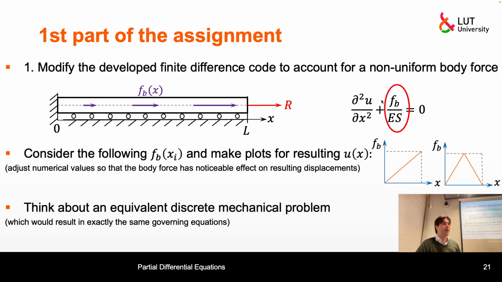There is quite a hint here about how it comes into the equation in this form. So it's basically everything I hope you need, but I will help you if you have problems or questions about how to do that. But what I want you to do after that is to consider that this body force is changing along the bar, so it's not uniform, to make the solution even more interesting, even less obvious.